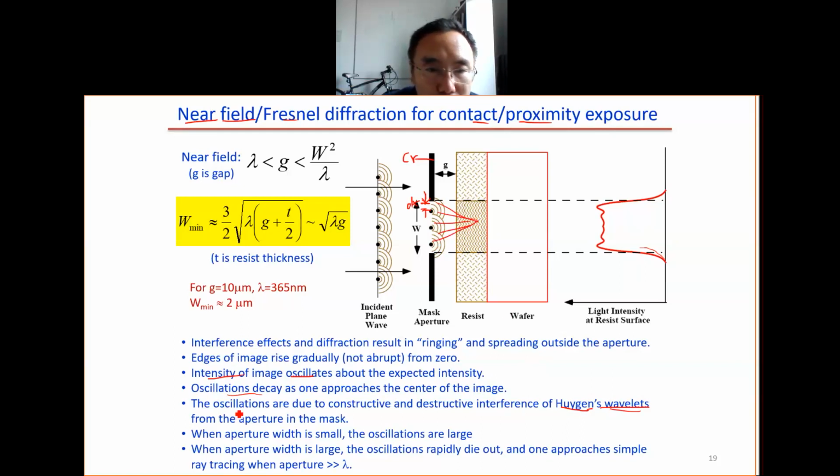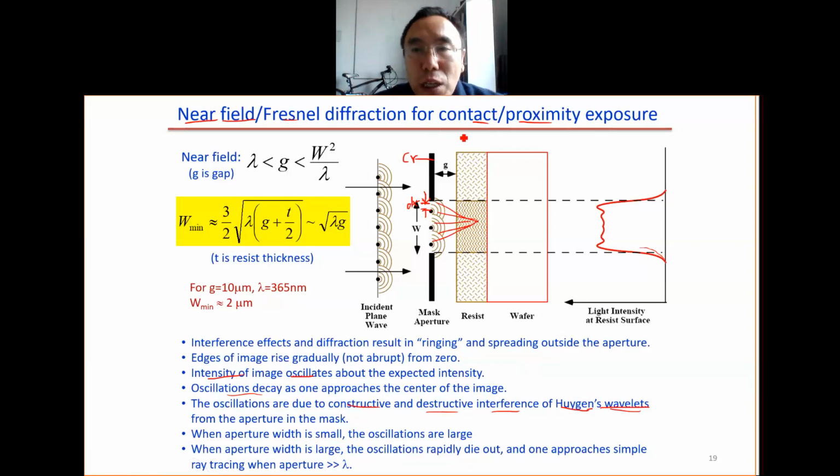They will interfere constructively or destructively, and then you form these tall and low images. When the aperture is small, the oscillations are large. When the aperture width is large, the oscillation rapidly dies out, and one approaches ray optics for big apertures.